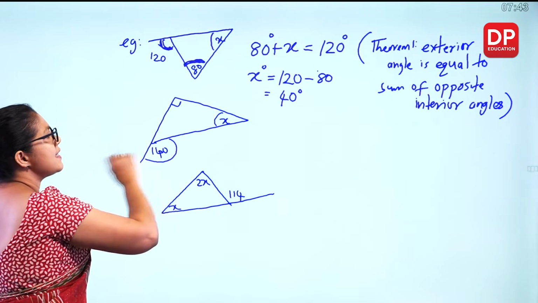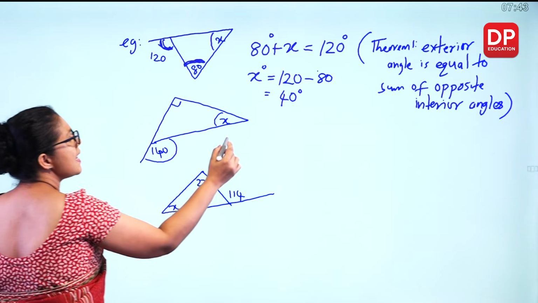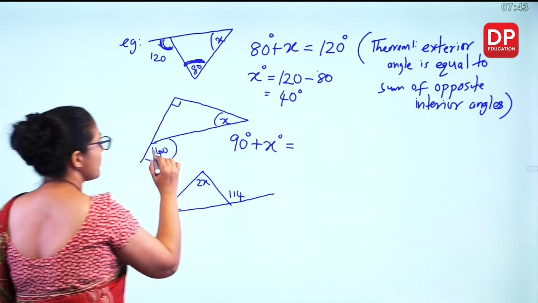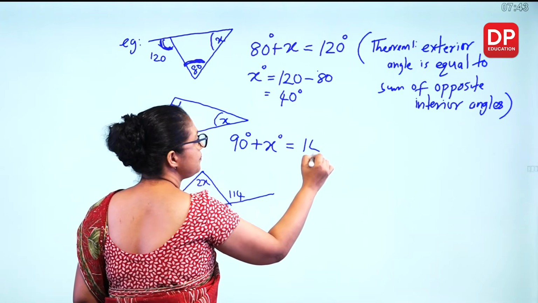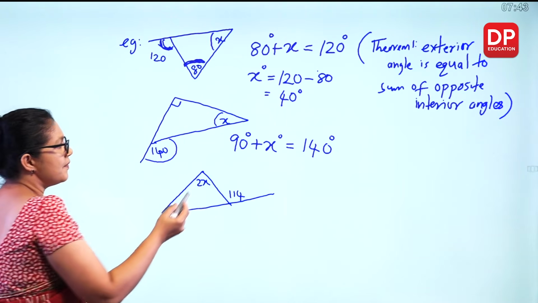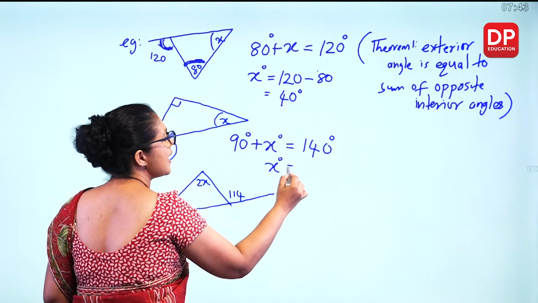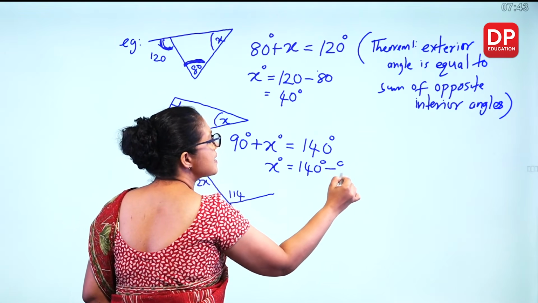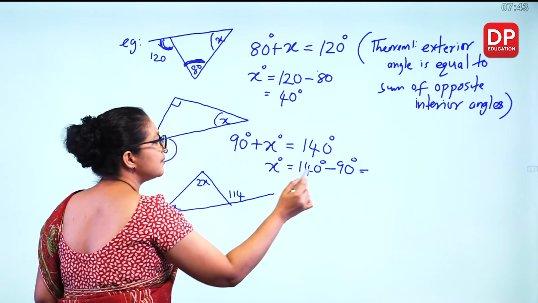Now when you look at this one, we can say 90 plus x is equal to 140. So you can apply the same theorem. Then how can I find x? x is equal to 140 minus 90. So what's the answer?